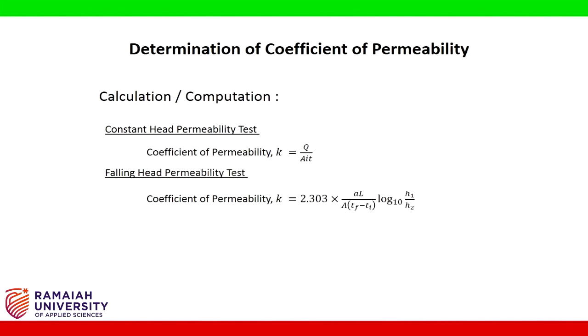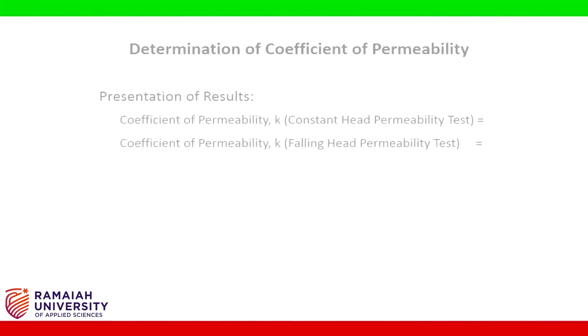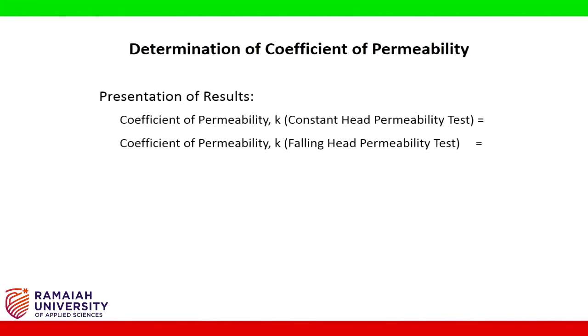For constant head permeability test, coefficient of permeability K is calculated using the formula shown. For falling head permeability test, coefficient of permeability K is calculated using the formula shown. The results of coefficient of permeability K for constant head permeability test and falling head permeability test are presented.